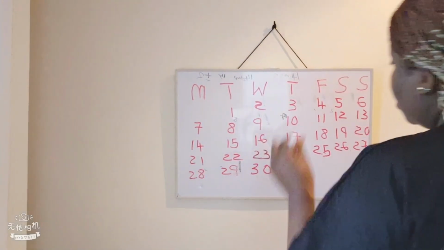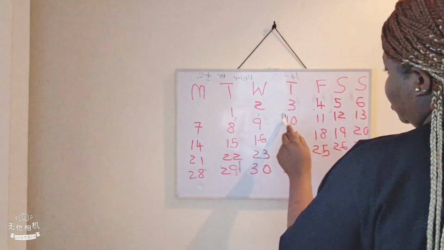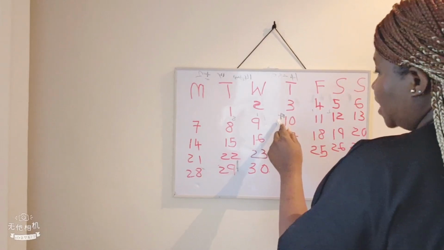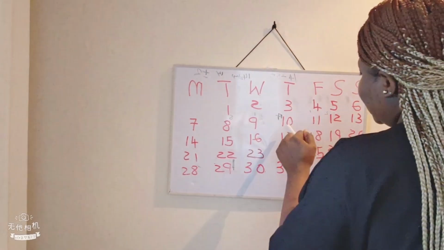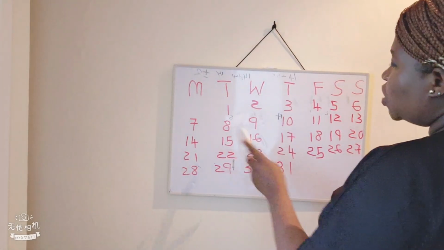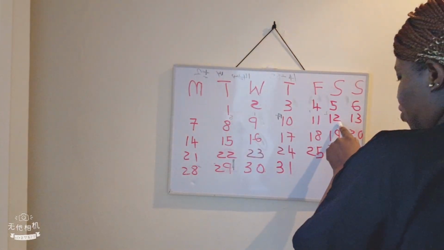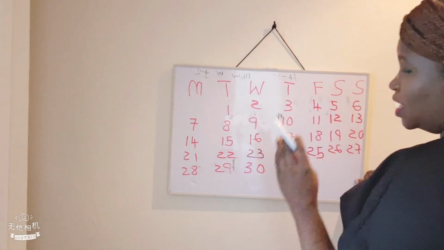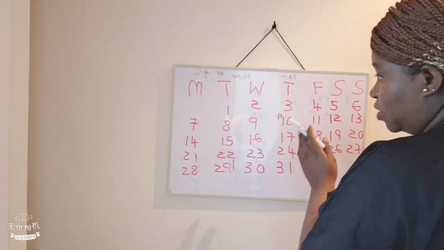So this means for somebody whose 14th day is on the 10th, this is just an illustration, the person is likely to ovulate between the 8th and the 12th. Remember I said we are using a 28-day cycle to calculate this ovulation day.